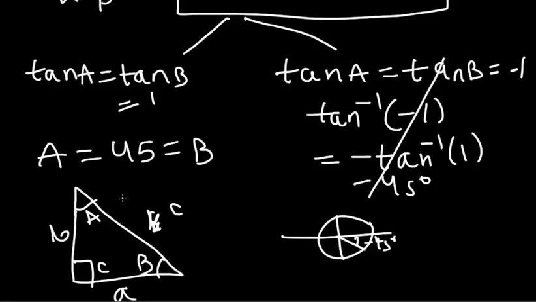As for the second part, we need to figure out tangent of B. Now tangent of B is equal to the side opposite to angle B, which is B, divided by the adjacent side, which is A. So we proved the second part also.